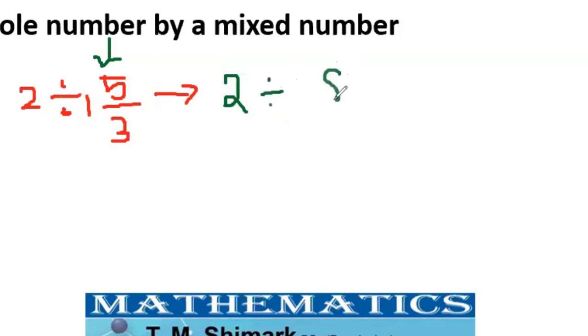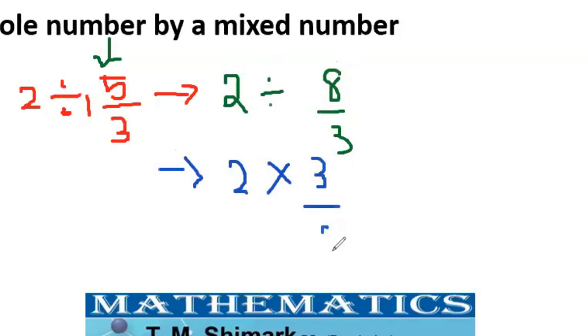8 by 3 will be there as it is, and then if you change the division to multiplication, 2 will not change, and 8 by 3 becomes 3 by 8.